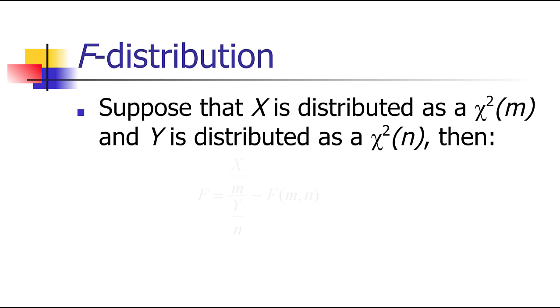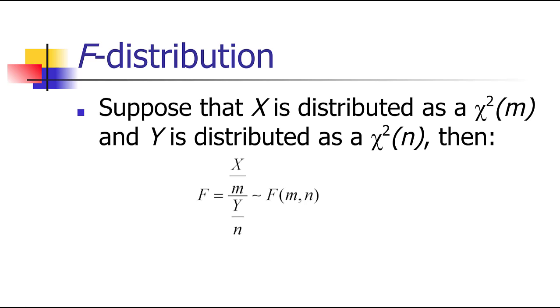The F-distribution is used when we take the ratio of one chi-squared variate divided by its degrees of freedom to another chi-squared variate divided by its degrees of freedom. So in this example, the F-statistic might be equal to x over m, where x is one chi-squared variate with m degrees of freedom, divided by y over n, where y is another chi-squared variate with n degrees of freedom, and that's distributed as an F-distribution with m and n degrees of freedom respectively.